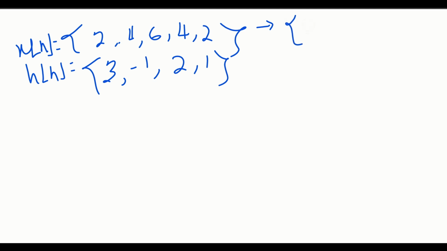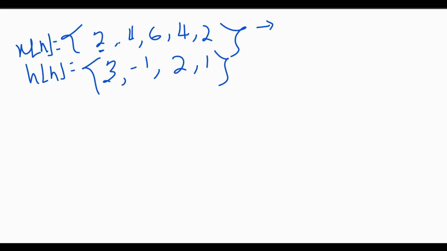This is the zeroth term, so starting here is 0. So the first one will be just 2. Let me write it as a polynomial: 2 plus the second one, 4 by the second term, so 4z minus 1. The third term is, or let me put it in vertical format.